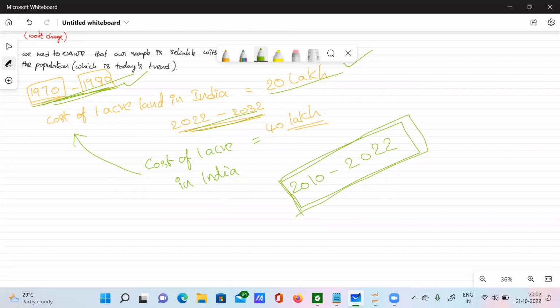If it is in sync with today's trend, then we can predict the price for the coming future. The data should be reliable with today's trend, which is the most important point here.